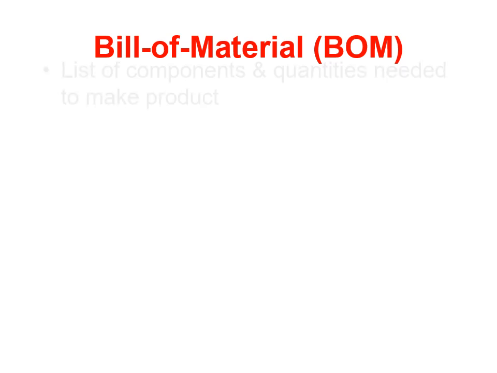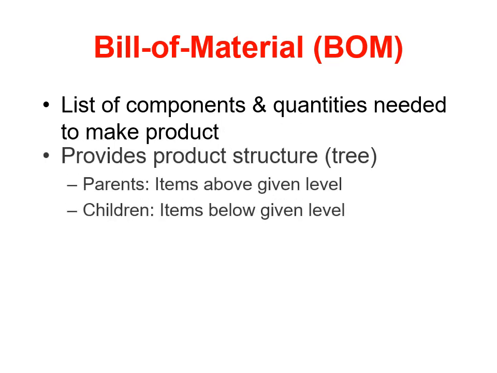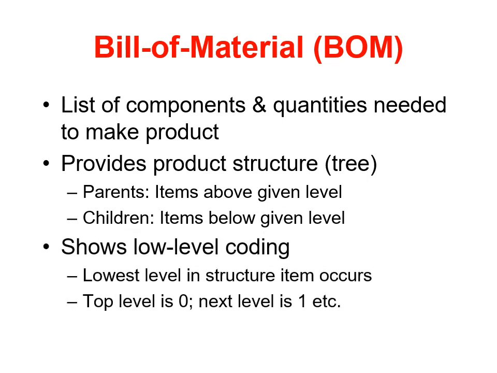Bill of materials, BOM: a list of components and quantity needed to make a product. It provides a product structure tree. Parents are items above a given level, children are items below a given level.